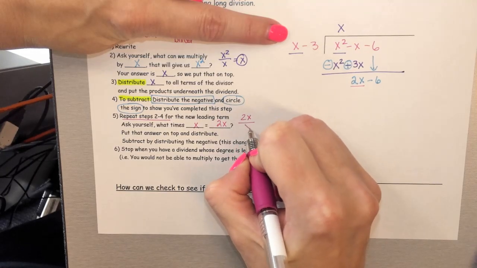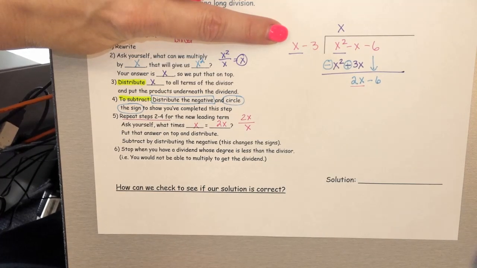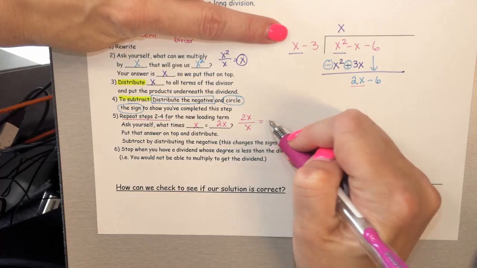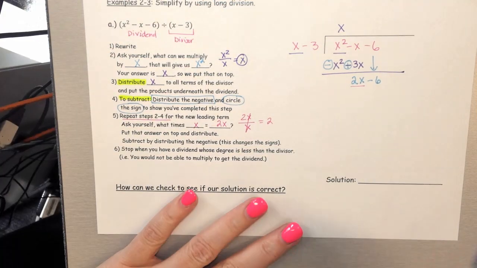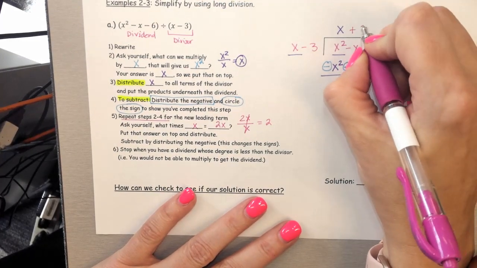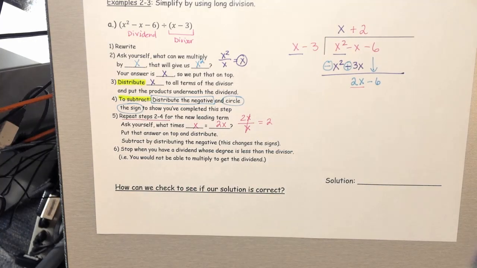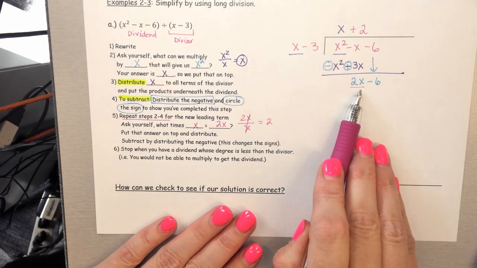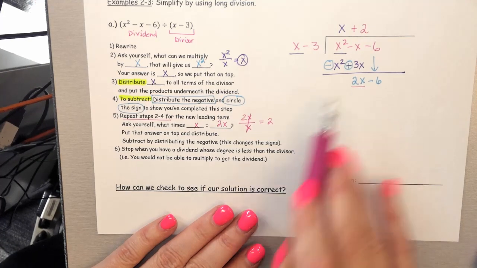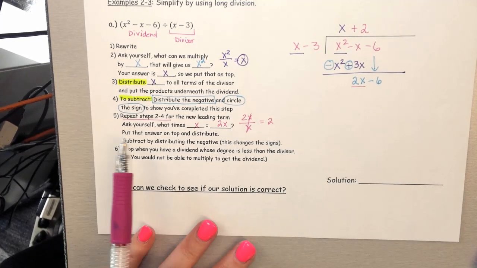What's 2x divided by x? What's that going to be? 2. Okay, so on top, I'm going to put a plus 2. So we are doing that process again with our new leading term. Okay, so we're repeating these steps.